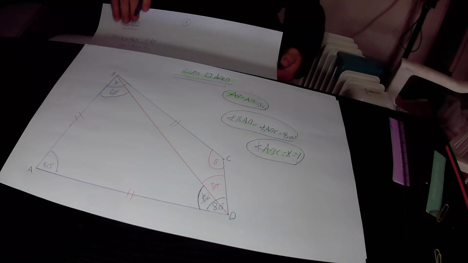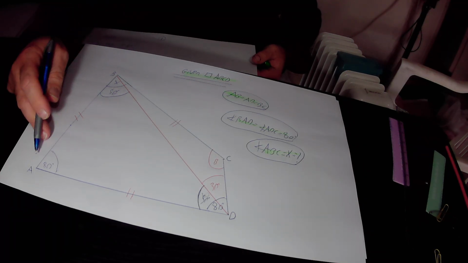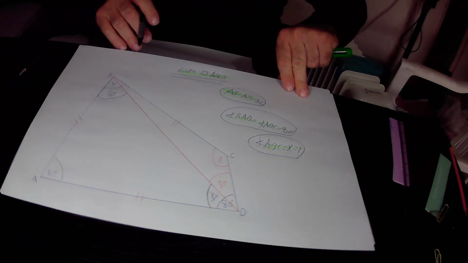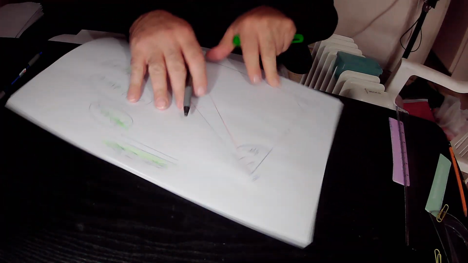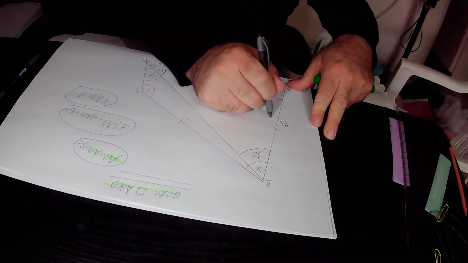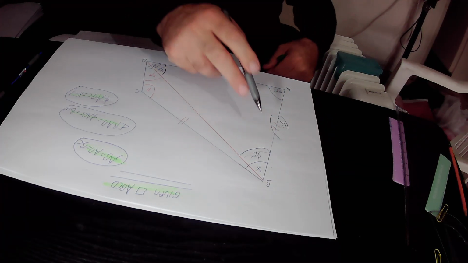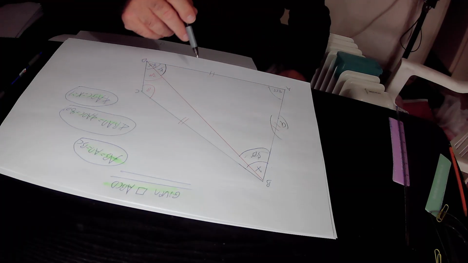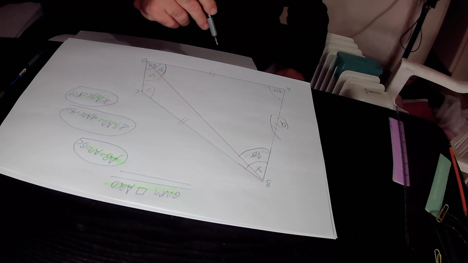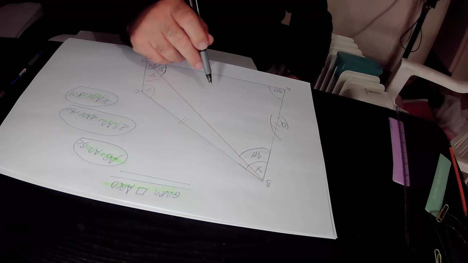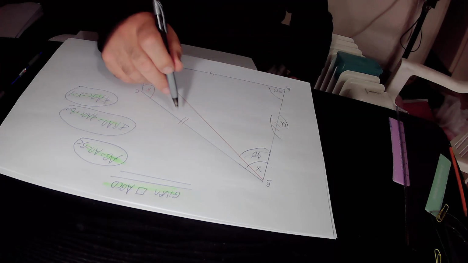In the next step, we'll define the length of side BA as a. And because BA equals AD equals BD, those three sides are equal to each other, so those two sides must also be equal to a units in their length, because all those three sides are equal to each other.